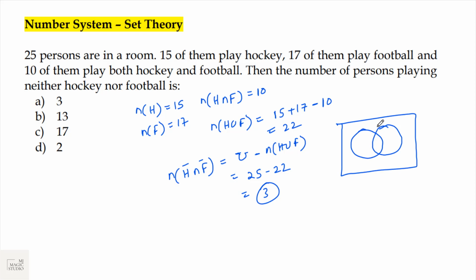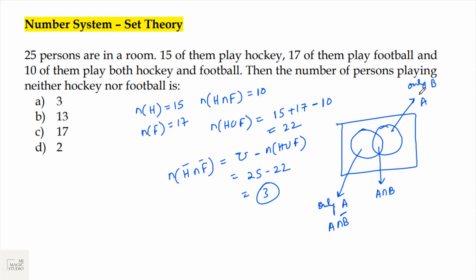In a simple two-set Venn diagram, this portion is A intersection B. That means common to both. This is only A, which is A intersection B complement.